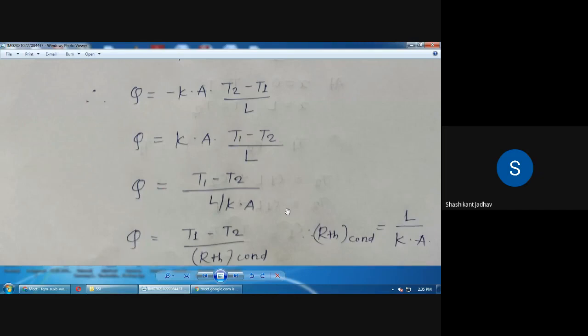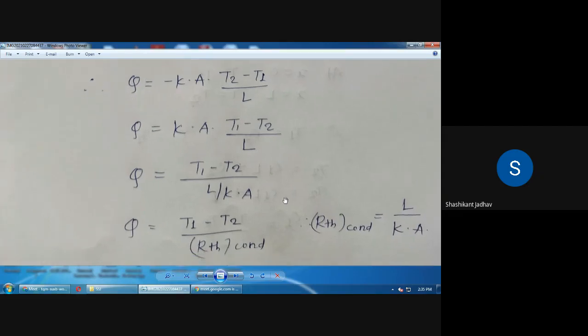So Q is equal to (T1 minus T2) divided by L by K A. This L by K A is nothing but the thermal resistance for conduction for the plane wall. So in the form of thermal resistance, Q is equal to (T1 minus T2) divided by R thermal of conduction.